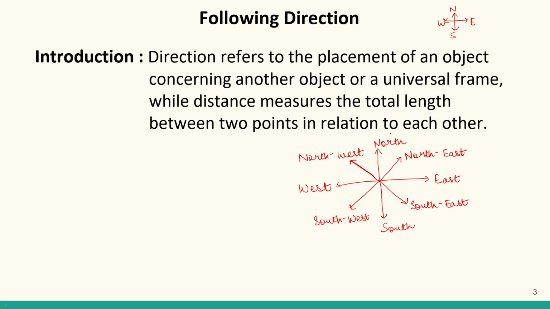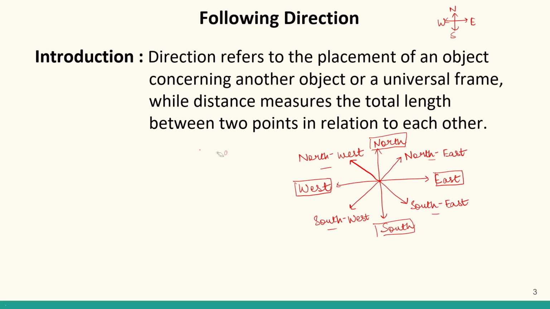So this is the basic diagram of the 8 directions. These are your 4 primary directions: north, south, west, and east. Based on this you have 4 other directions, which are northeast, southeast, southwest, and northwest.